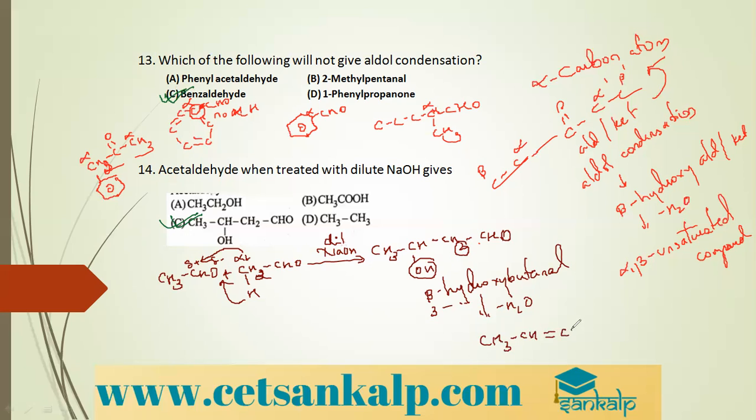CH3CH, then CH2, alpha beta unsaturated, 1, 2, 3, 4, aldehyde, and this is commonly called crotonaldehyde.